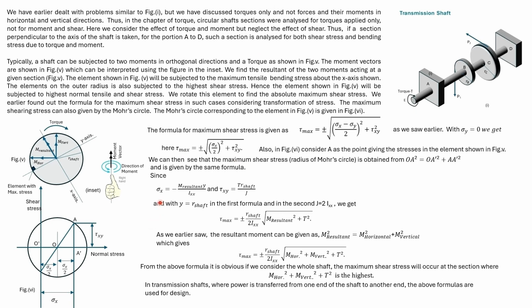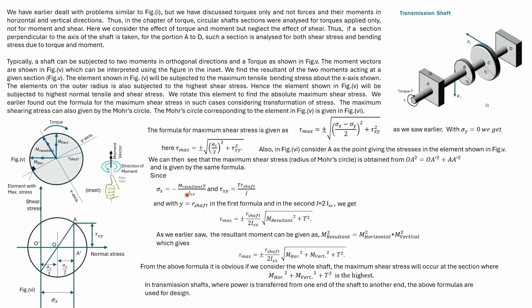Now sigma x here is equal to minus M resultant into y divided by I xx, and tau xy is equal to T into R, the radius of the shaft, divided by J. Y here is equal to R, the radius of the shaft, and J here is 2 into I xx.